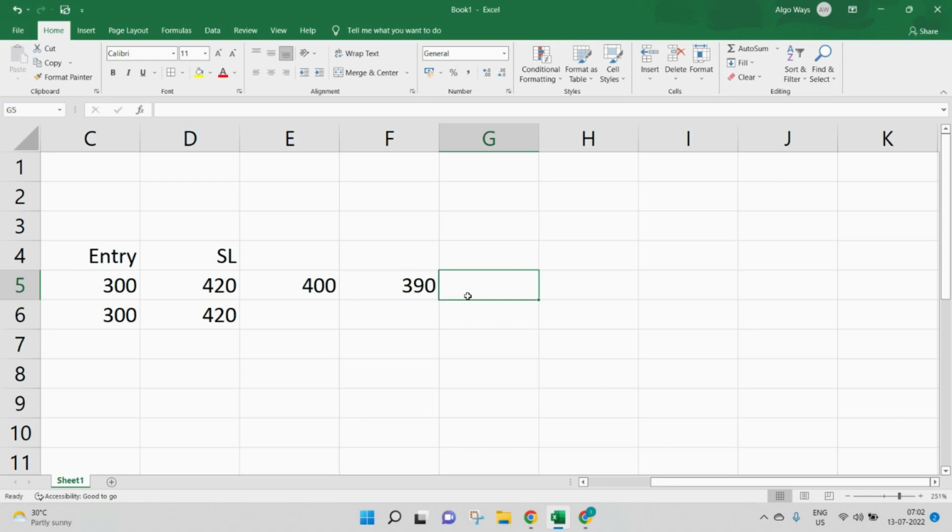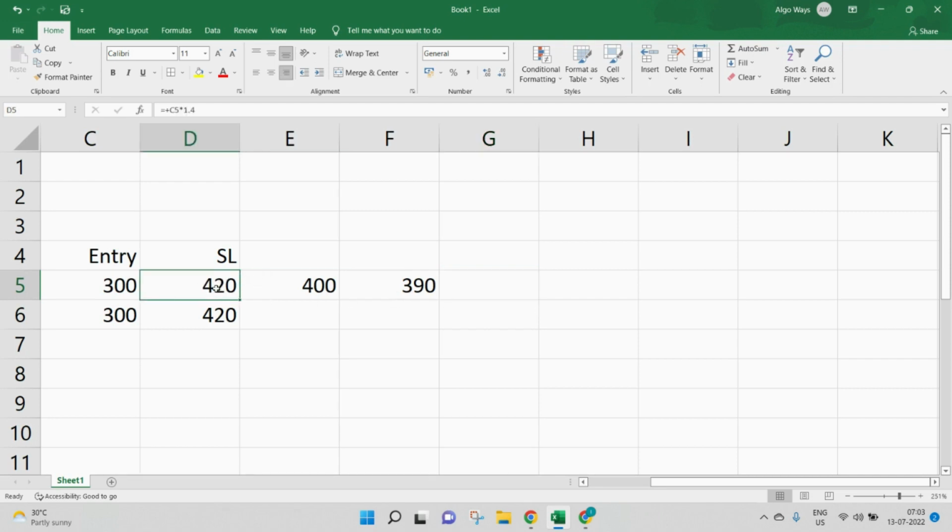But now in this case, what has happened is that our call option has hit the stop loss. So we only have the put option now. So suppose now the market starts coming down. So we feel that okay, that was a spike or a sudden move, which was not very true. Our call option hit, but the market is coming down. So we can re-enter that leg. Suppose it got hit at 420 stop loss.